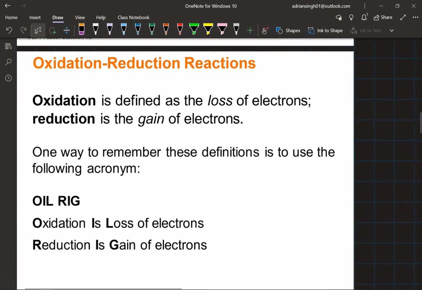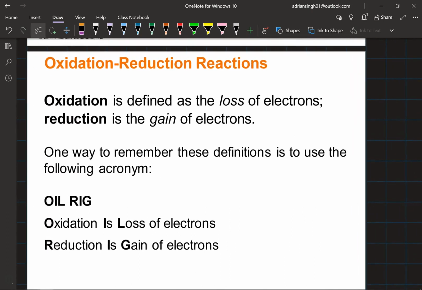I just mentioned a mnemonic, Leo goes GER. Another more common mnemonic is called OIL RIG, which stands for oxidation is the loss of electrons, and reduction is the gain of electrons. And that is specific to electrons.